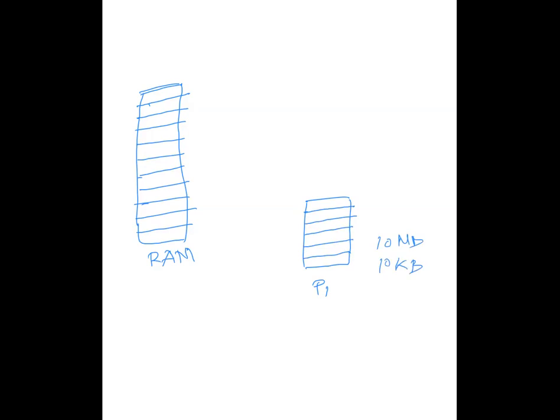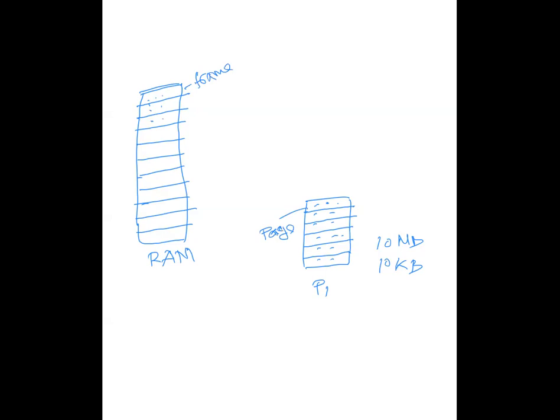This is also divided into partitions, and each partition is called a page. Your process is divided into partitions called pages, and your RAM or memory is also divided into partitions called frames. So there are two things: page and frame.